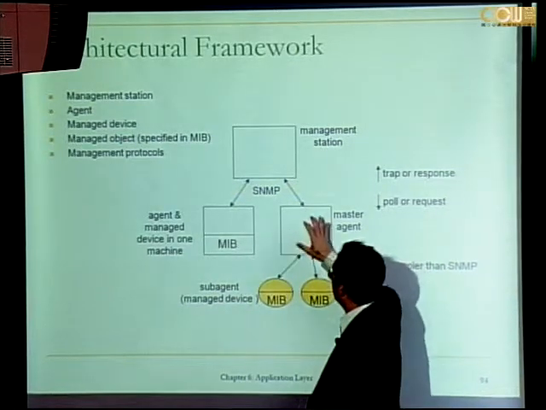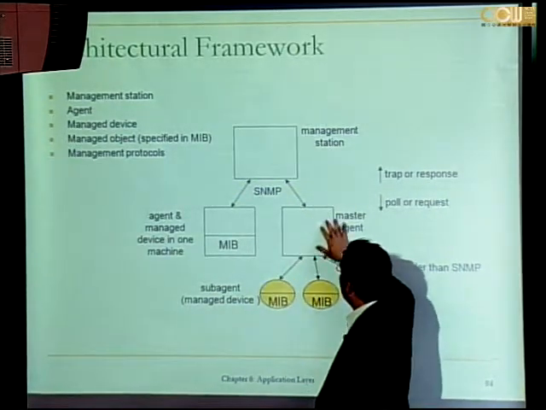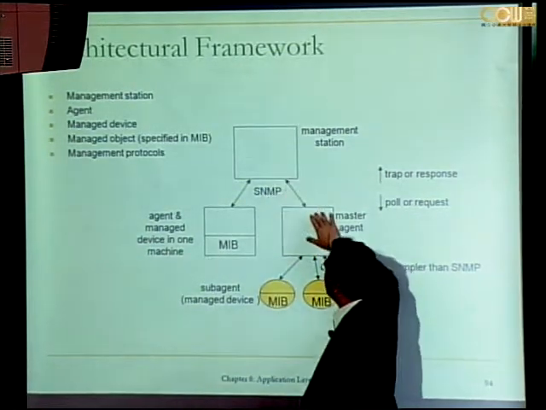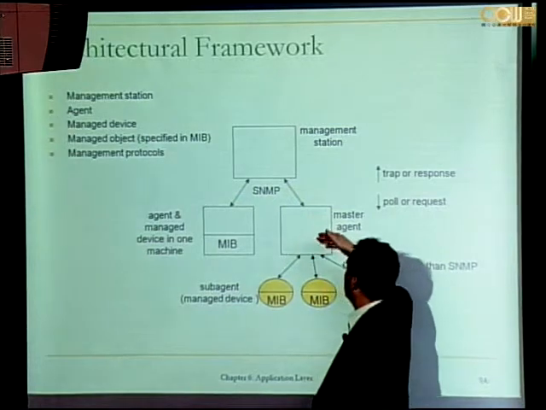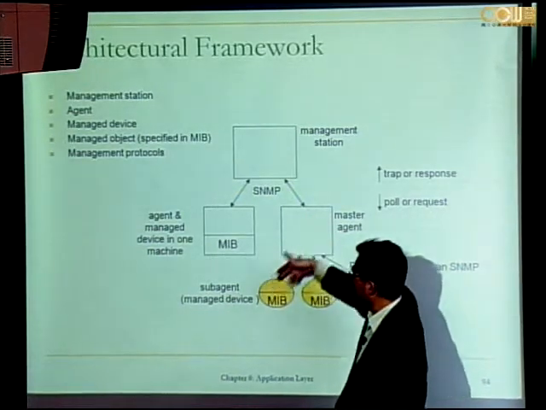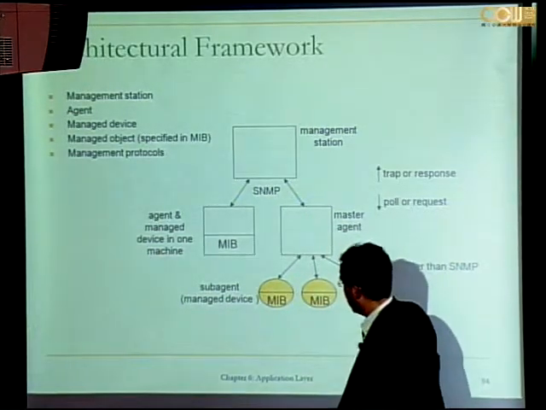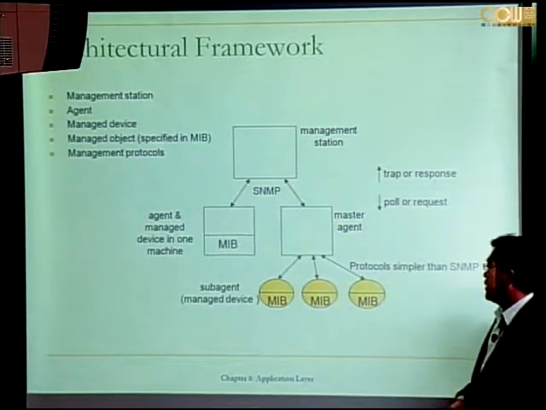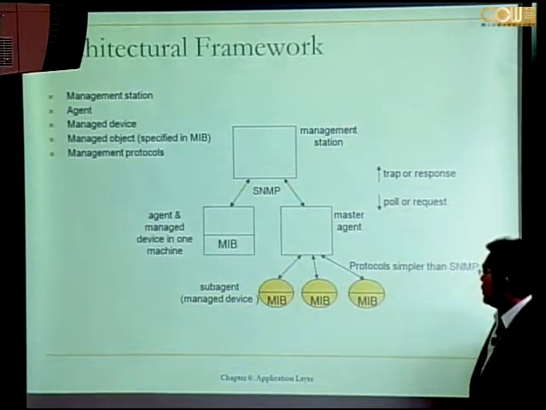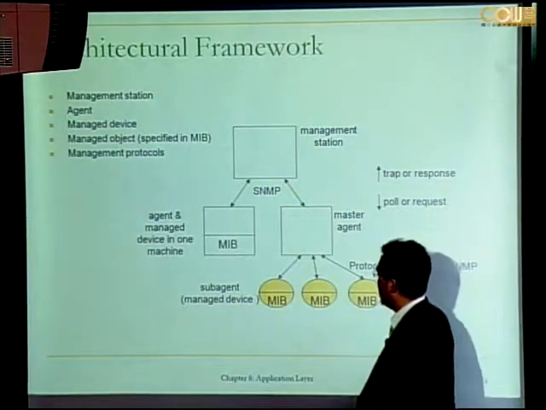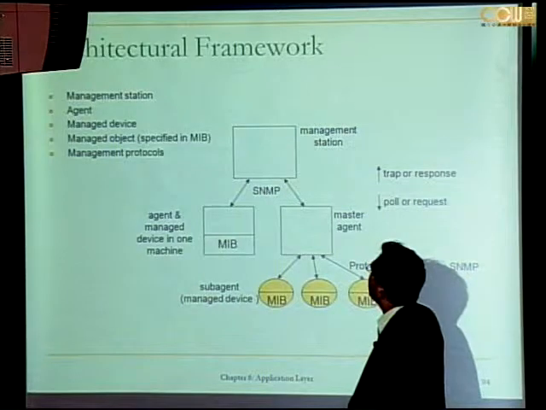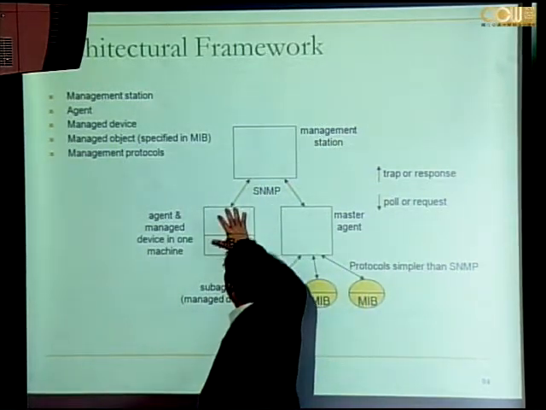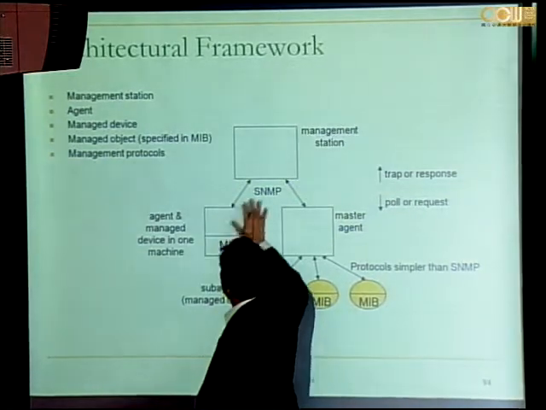So there needs to be a device that supports SNMP and can talk to the manager through SNMP. However, this device also manages the other devices with a protocol different from SNMP. So if they don't support SNMP, you need to do it this way. But in the normal case, it will be this, where the devices support MIB and SNMP.